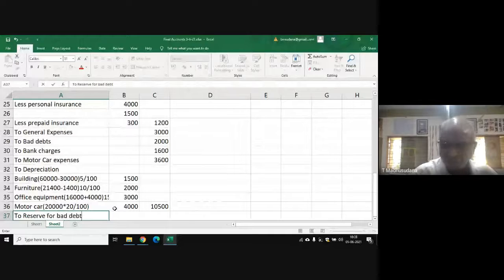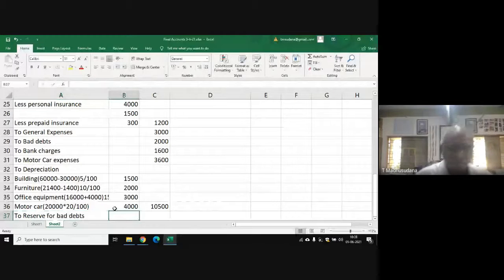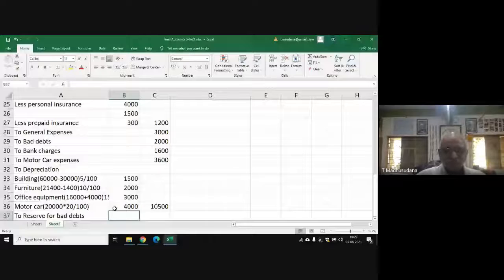Regarding the reserve for bad debts, you see the number. Reserve for bad debts is to be made at 5% of sundry debtors. So we have to calculate 5% on sundry debtors.